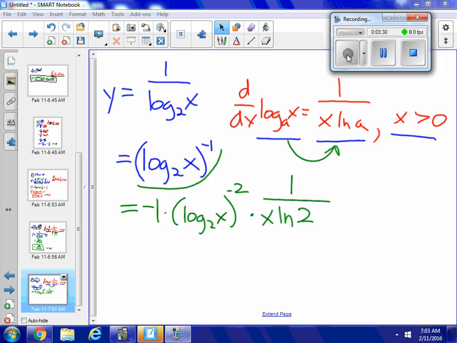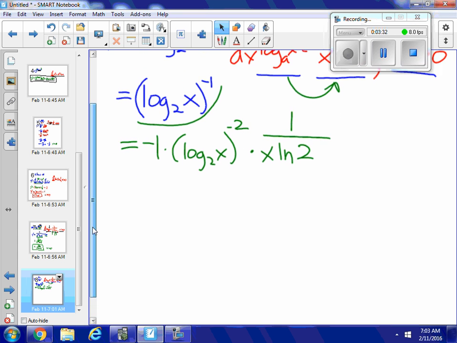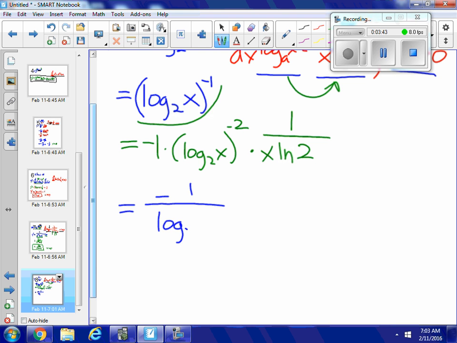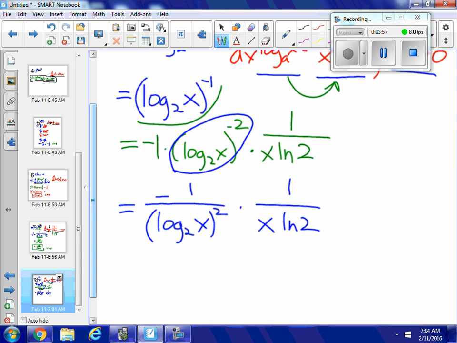So I generally like to simplify and get rid of negative exponents. So this is equal to negative 1 divided by log base 2 of x squared, taking this piece here and putting it under the denominator, times 1 over x natural logarithm of 2.